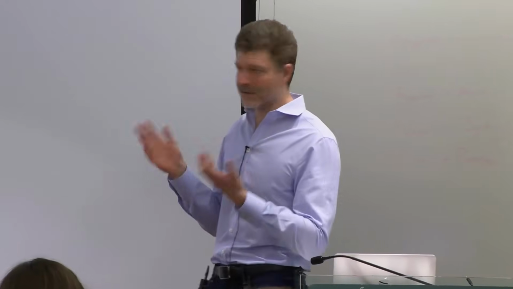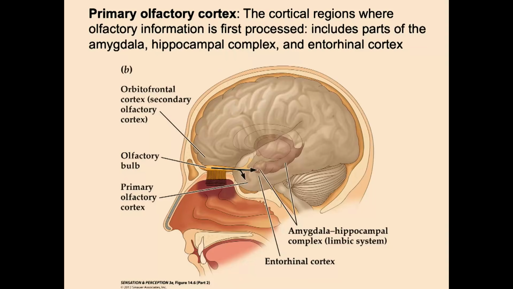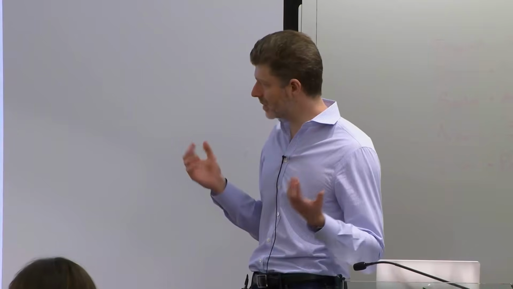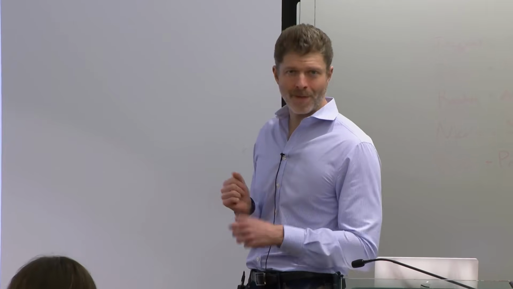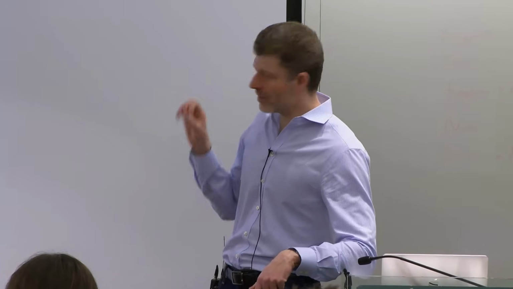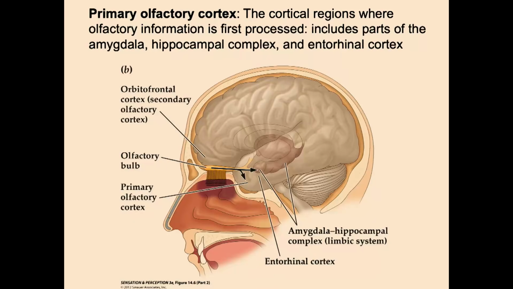It's different parts of the brain that we often associate with having different functions. So the amygdala, hippocampal complex, and entorhinal cortex are regions that are classically associated with emotion and memory. So there doesn't seem to be a dedicated primary sensory region for olfaction, unlike these other sensory systems, at least in humans.